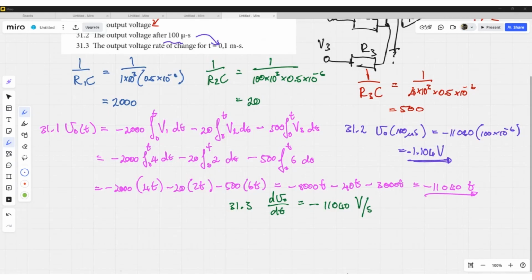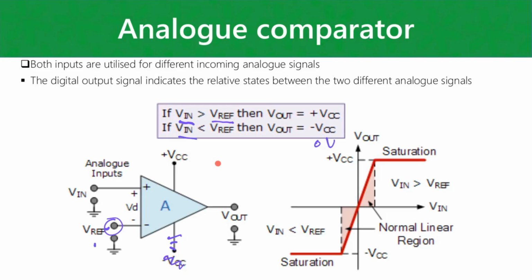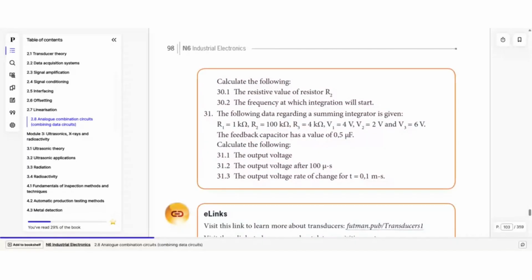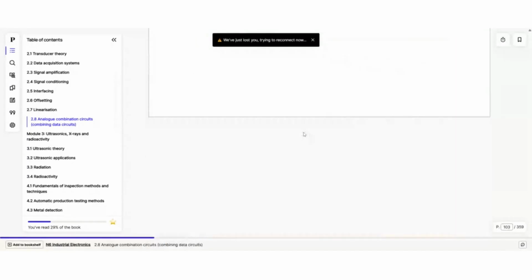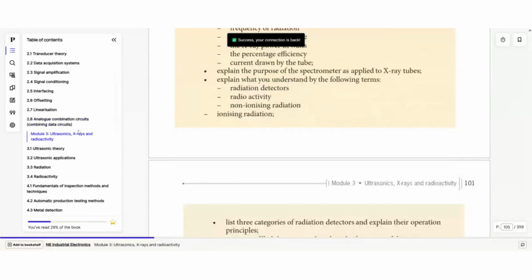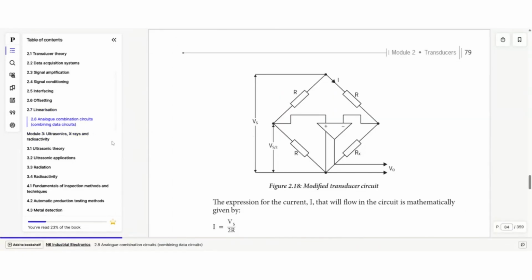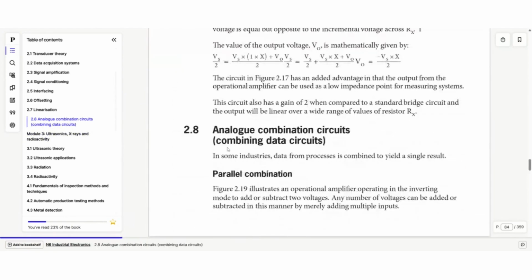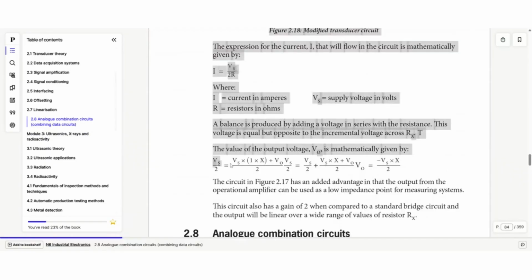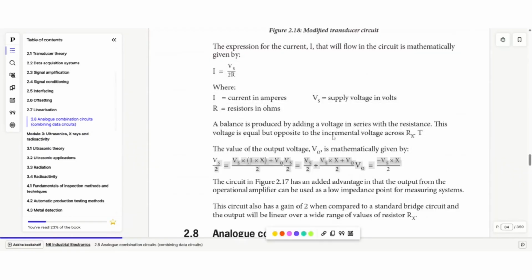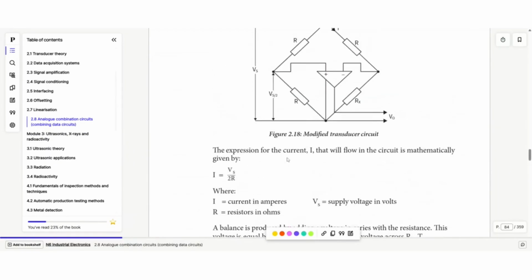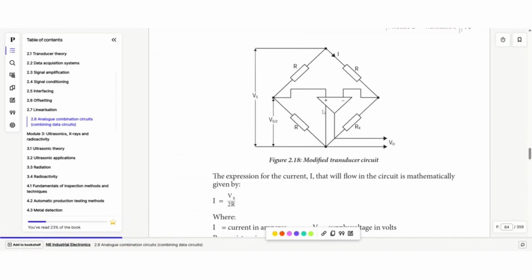I'll quickly go to the textbook on this. I did see a few differences from the previous syllabus. Let me start off from here. There's some calculation here, but this is essentially the same formula as what you have with the detector bridge.